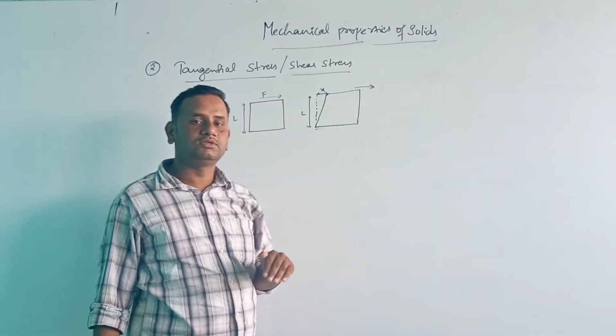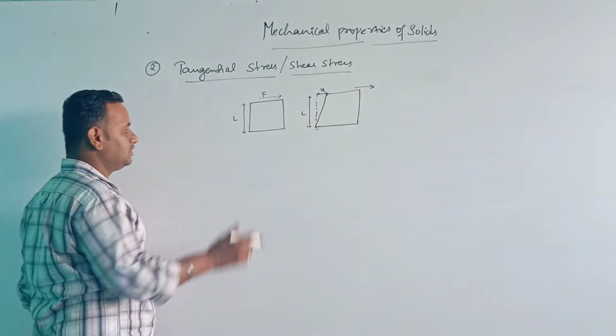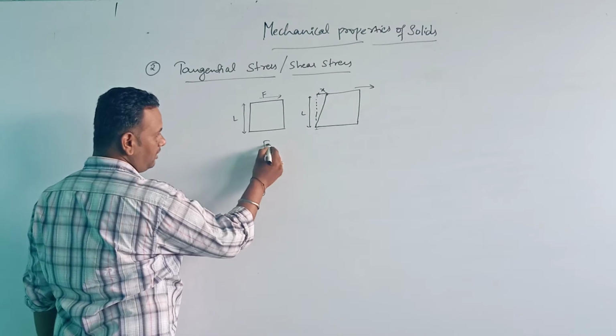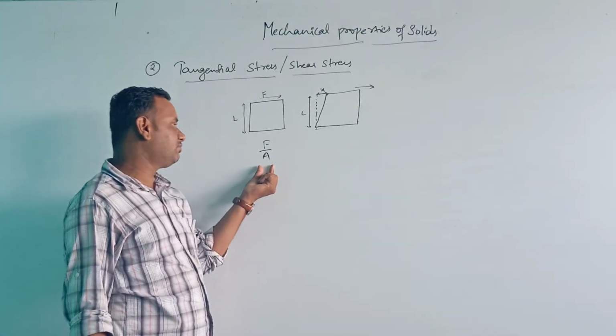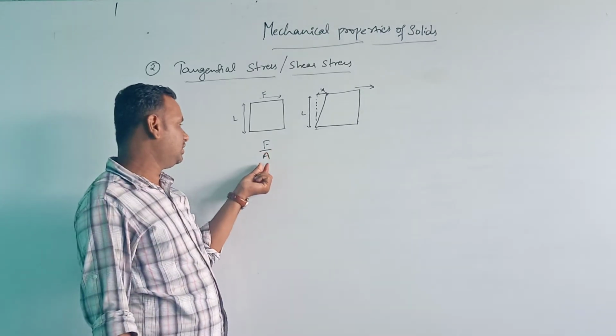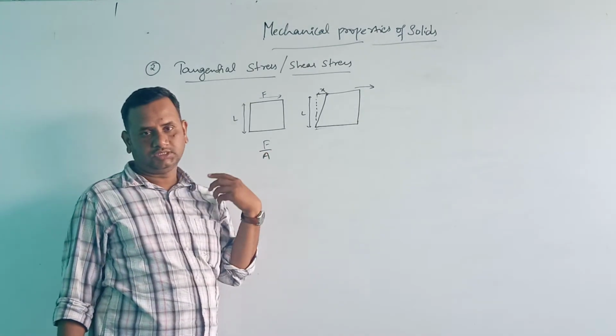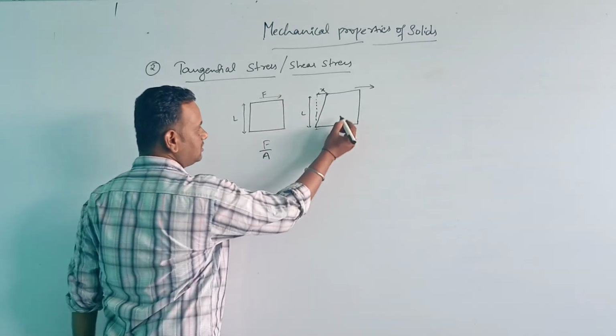As I explained to you the definition of stress, stress means F by A. I defined stress as the external force applied on the body to the area of the body. The same thing here also. So this will be the area.